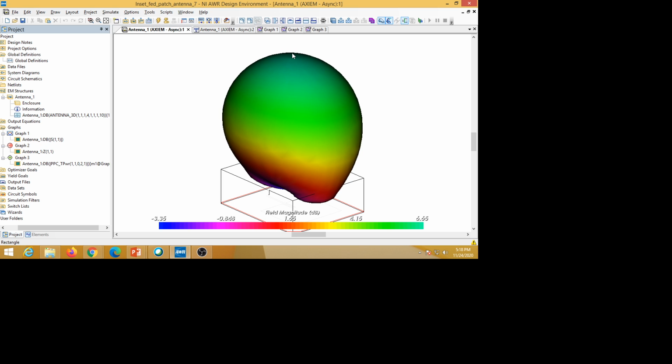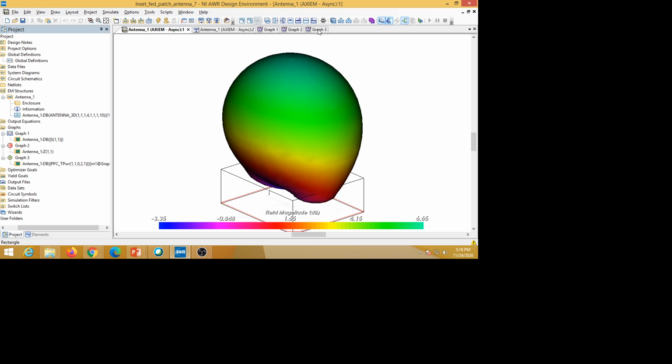This is starting from here 0 along the z-axis. If you go like this, it is 90 degree here, below that it is 180. Similarly here, this is 90 degree, below that comes the other half.